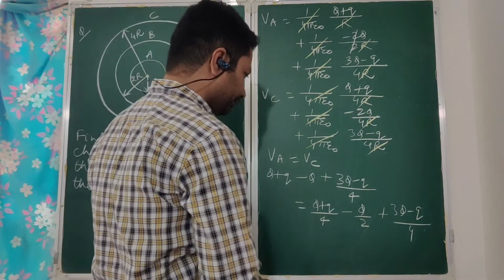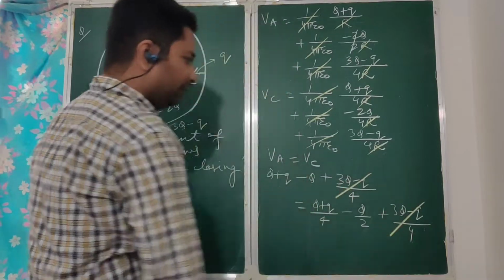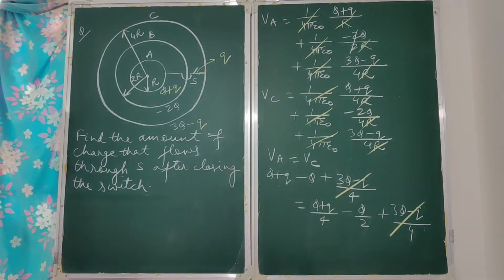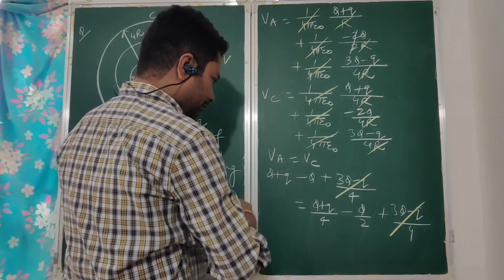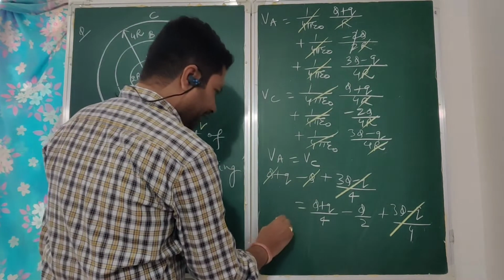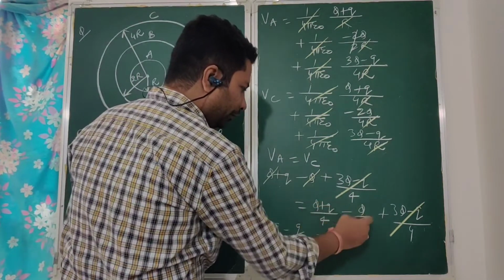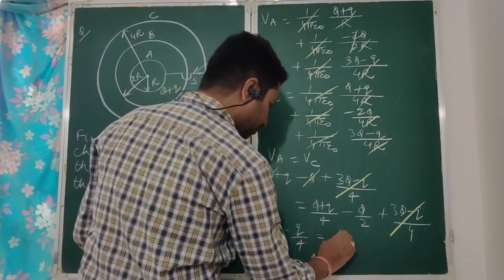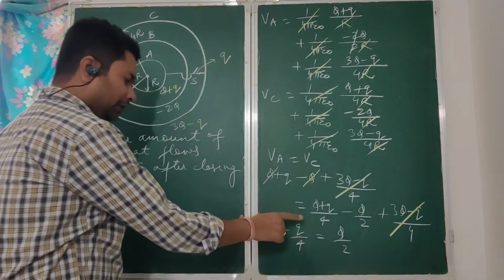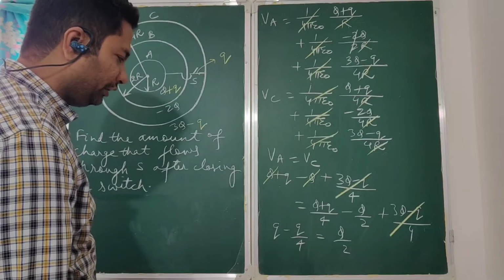So now you can see this term and this term, they will also cancel out each other. This Q gets cancelled out. So we can write Q minus q by 4 as equal to Q minus q by 2. That is equal to q by 2. So it is 4Q minus q by 4, so 3Q by 4.